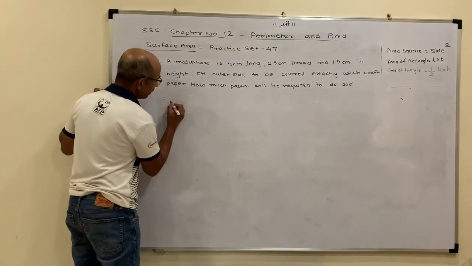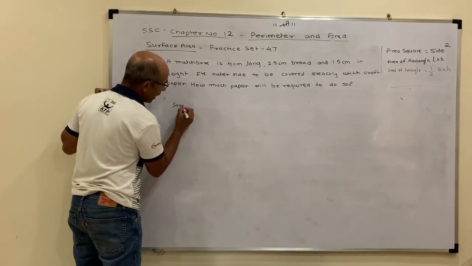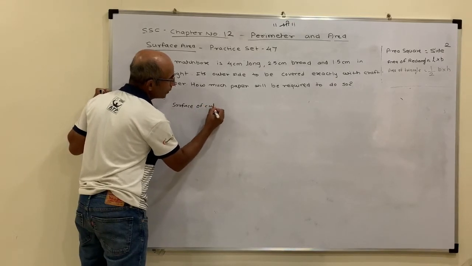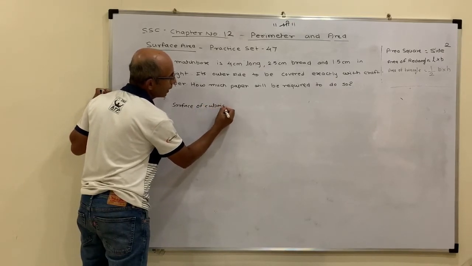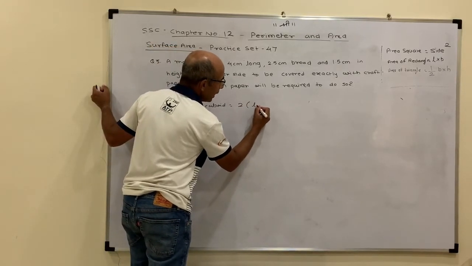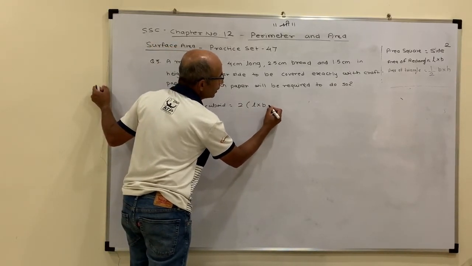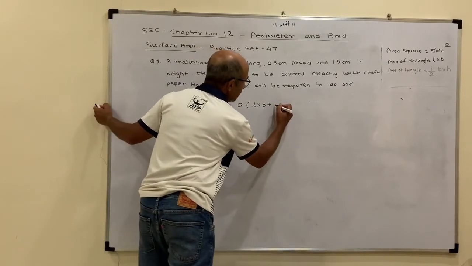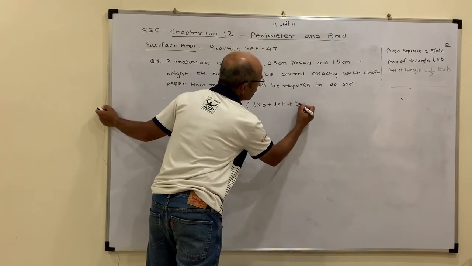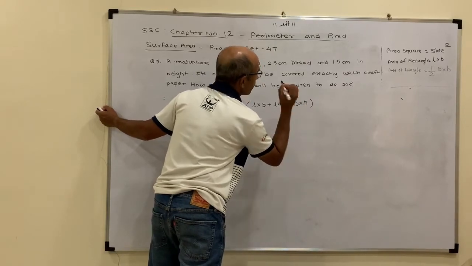So now the surface area of cuboid equals 2 into length into breadth plus length into height plus breadth into height.